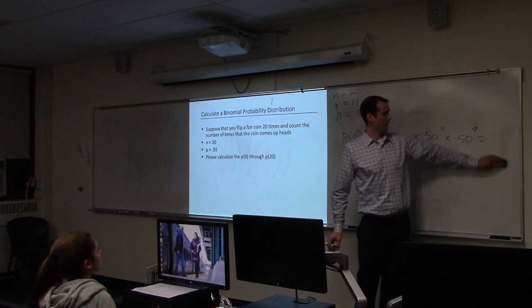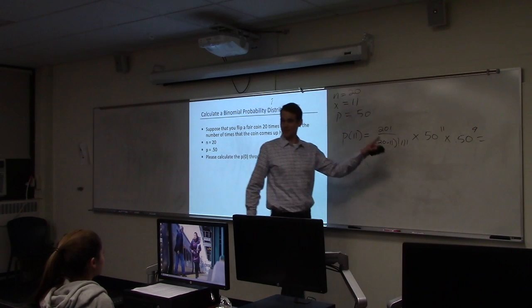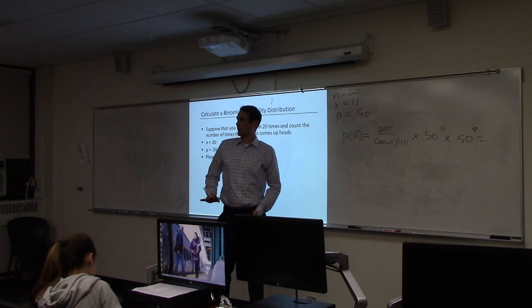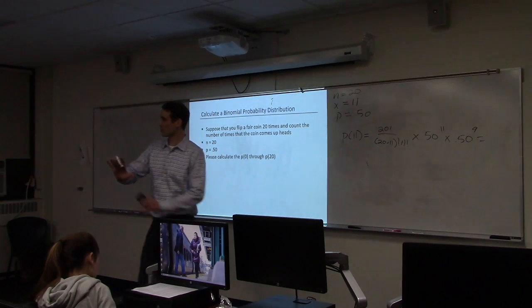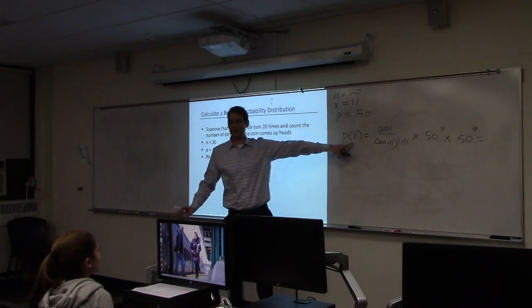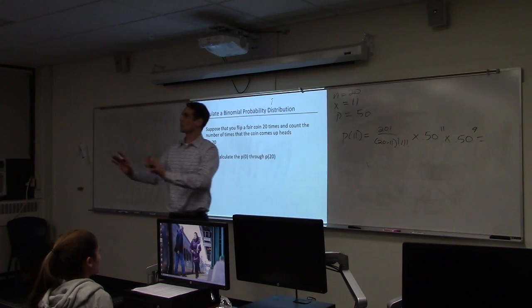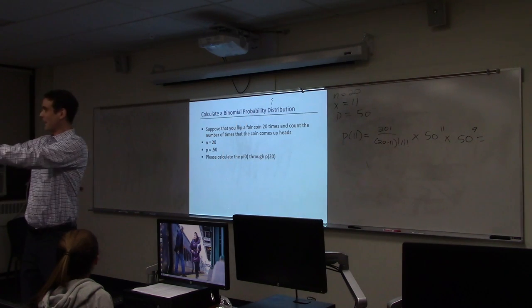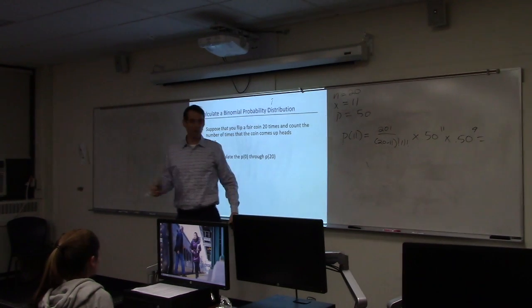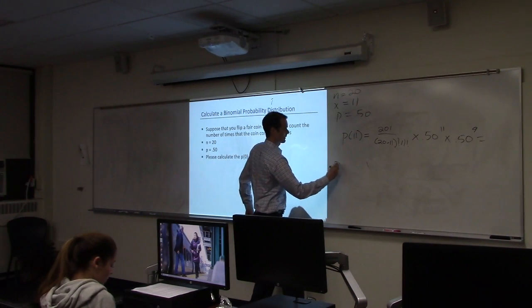All right. So actually, maybe I'll assign someone to do this one and actually get an answer. Maybe could you 4 in the front row? Could you do this one? Probability of 11. Maybe could you 3 in the back? Could you do 12? The probability of 12 coin flips coming up heads.